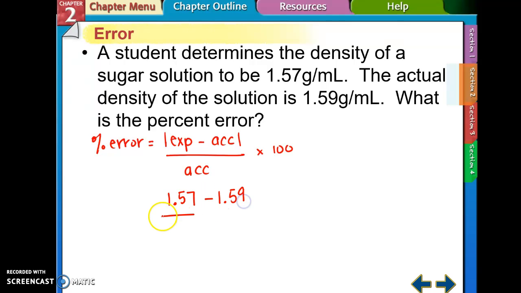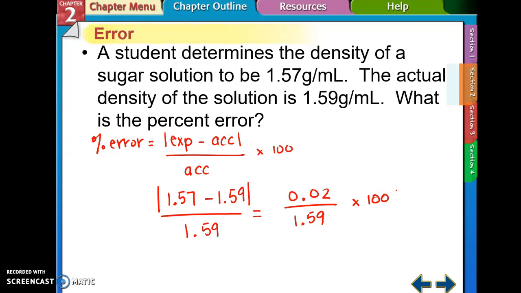When I take the absolute value, I'm going to get negative 0.02, but I take the absolute value, so I'm going to get 0.02 divided by 1.59 times 100, because I would like this to be a percent.